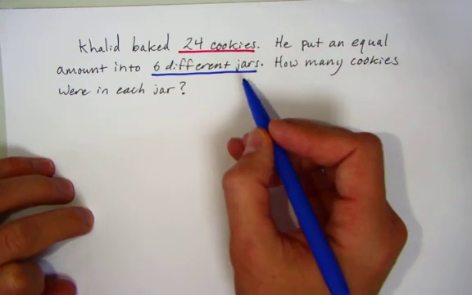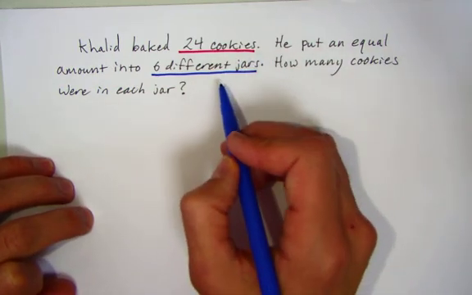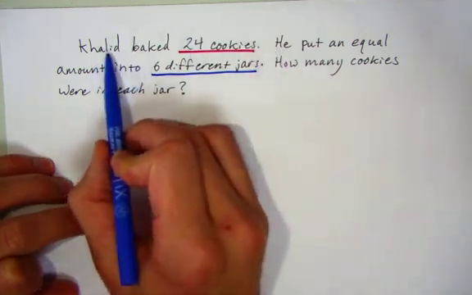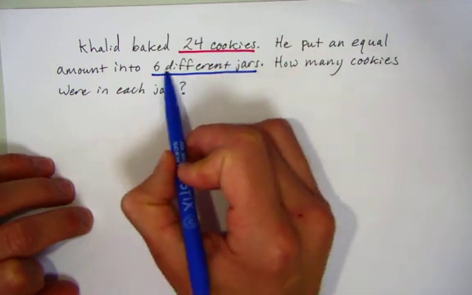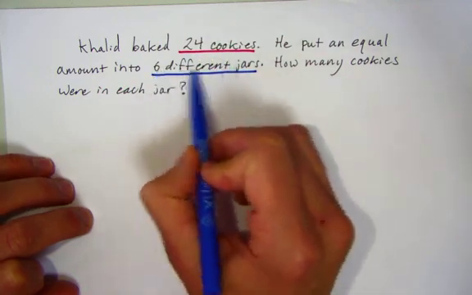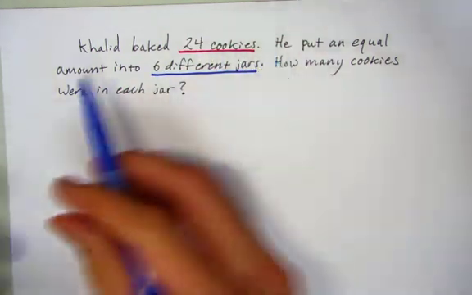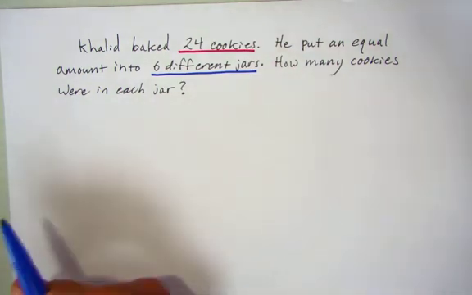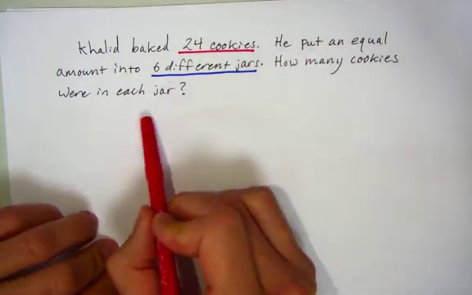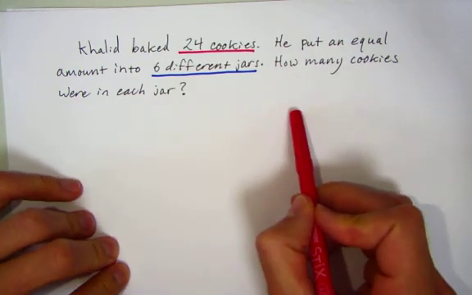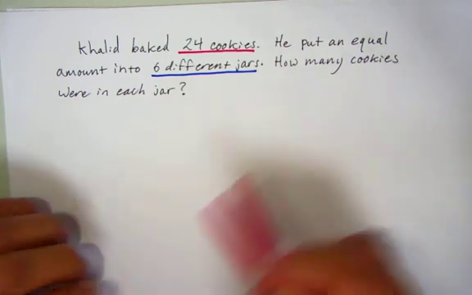That tells me that this is a division problem. Khaled has a total amount to begin with and is dividing it up into different jars. So let's go ahead and write a number sentence below and label this number sentence.